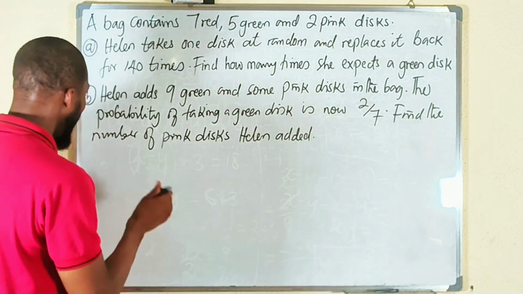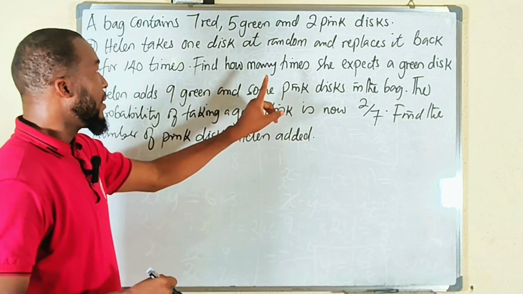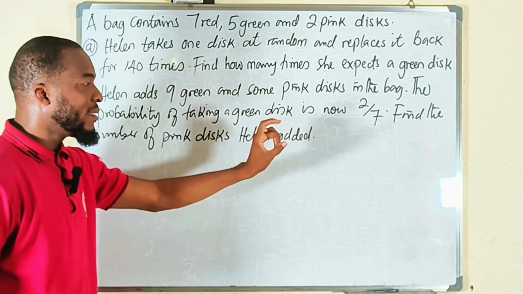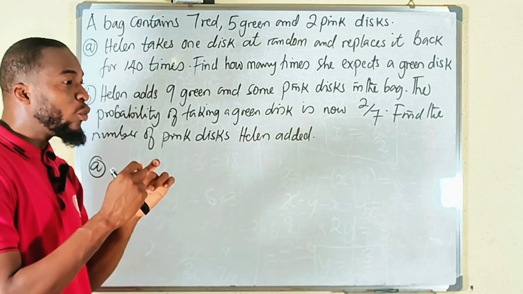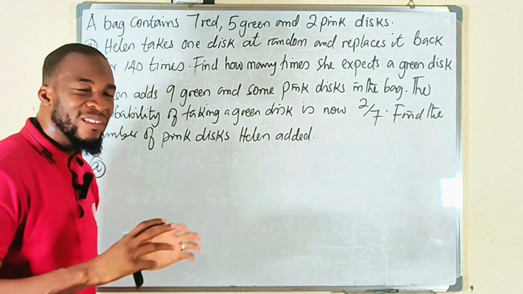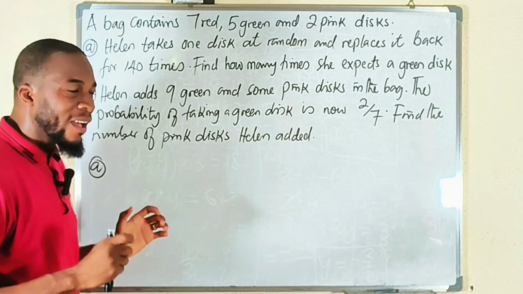So to solve this problem, remember, first of all, we need to find the probability that she picks a green disc. And that probability will be the same for the green disc every time. That's the same chance that green disc has.